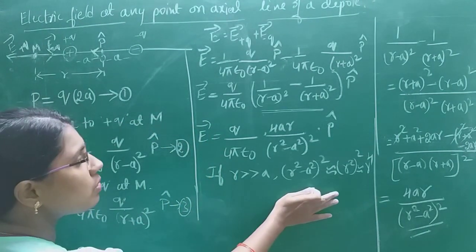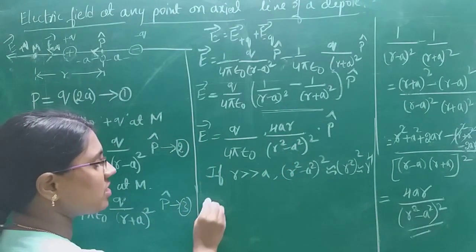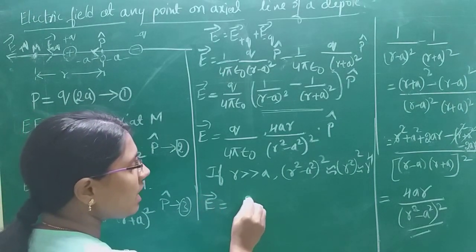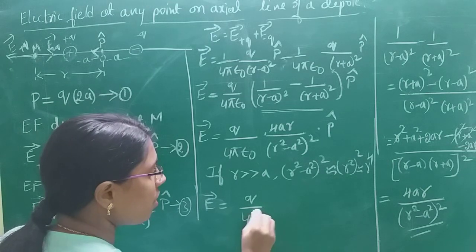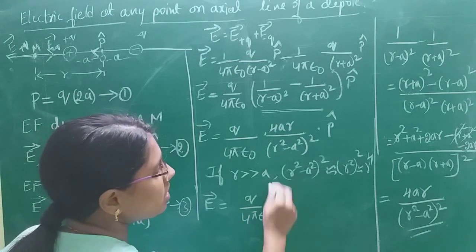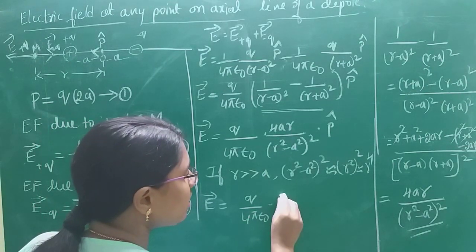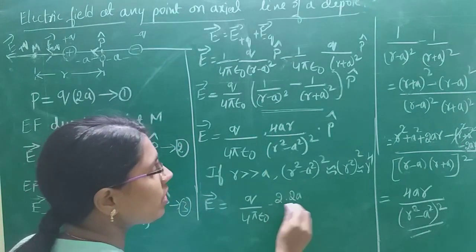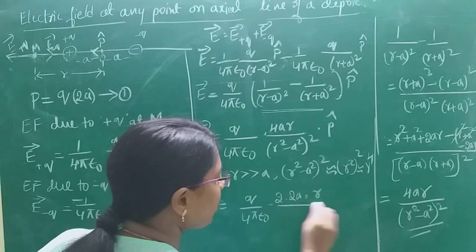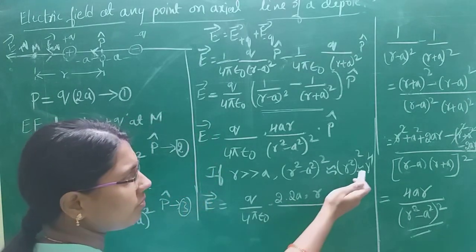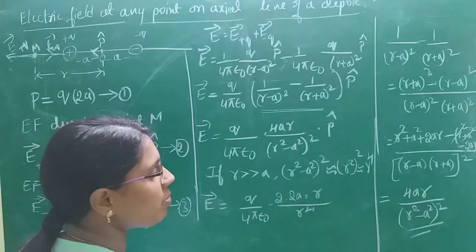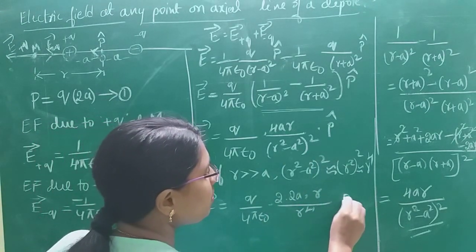Okay. Now substitute this value in this equation. So we get vector E is equal to Q by 4 pi epsilon naught into, this 4AR can be written as 2 into 2A into R divided by R to the power of 4 into P cap.